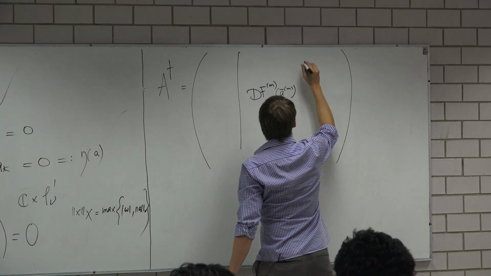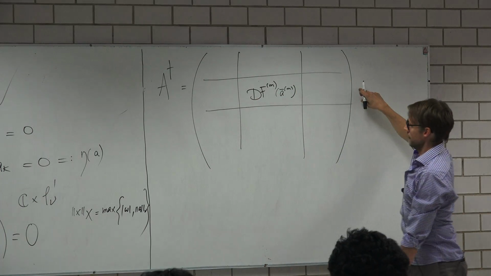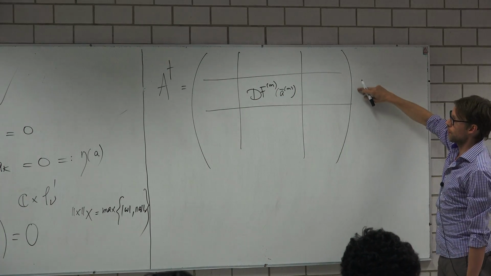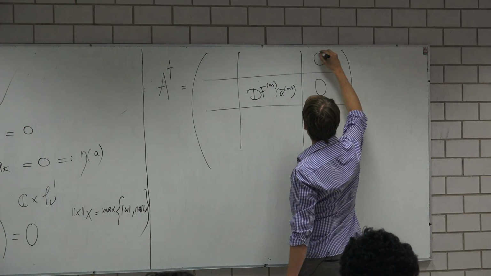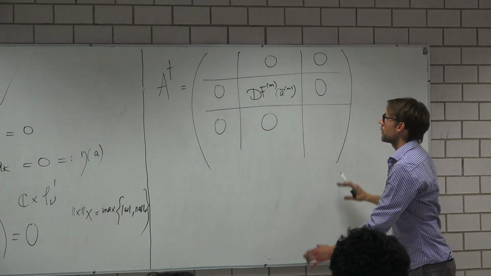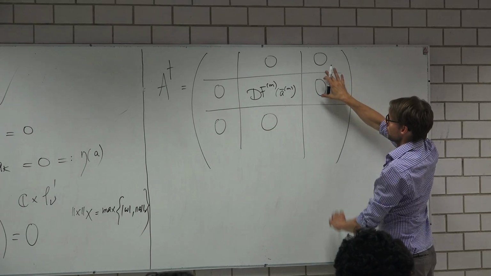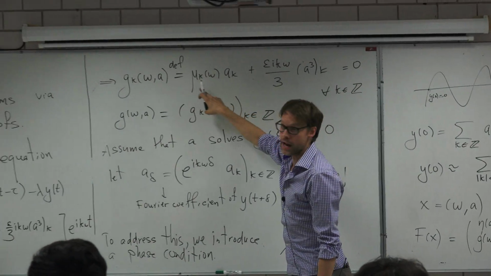But then I have two directions, right? This operator acts on a bi-infinite sequence. So that's 0, 0, 0, 0, 0, 0. Why? Because if I would take the true derivative, then that's the diagonal part, right?